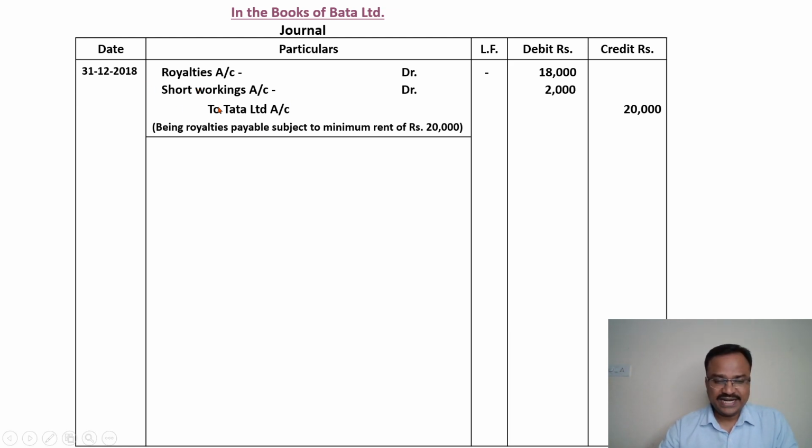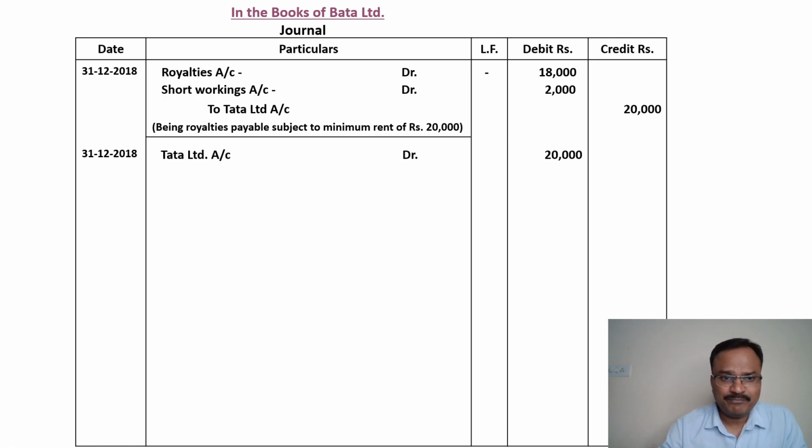And see friends, each year we have to pass these three entries. Okay, so the first entry is related to the royalties due or royalties payable. The second entry is related to the royalty paid. Okay, it means in the second entry we show that royalties are paid, or the amount is paid, to the landlord. So that's why the landlord's account gets debited.